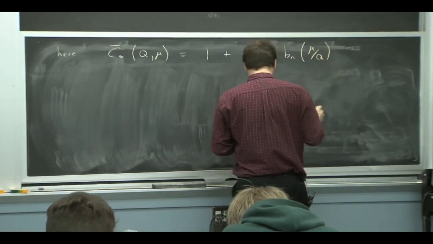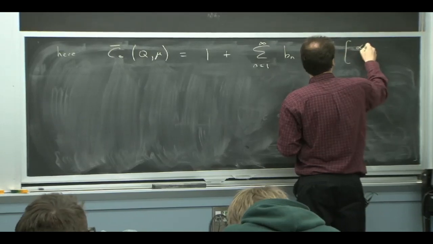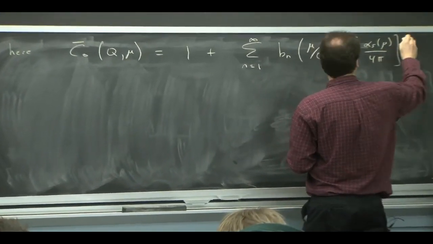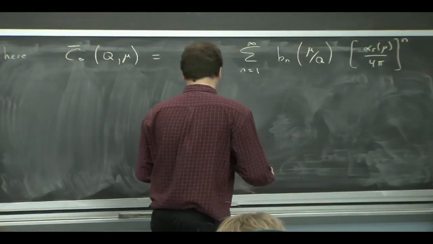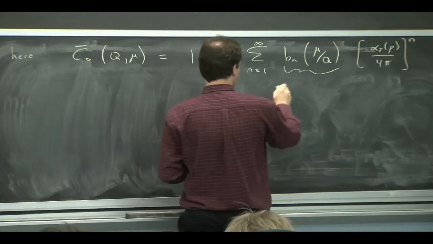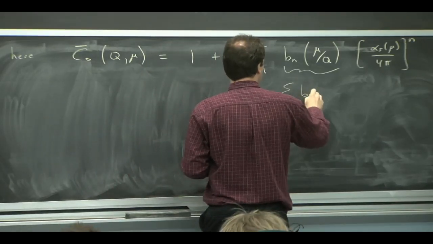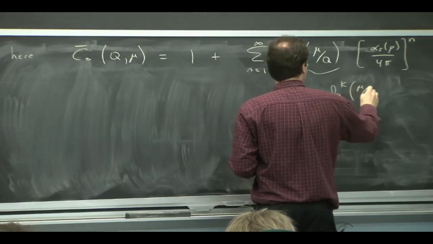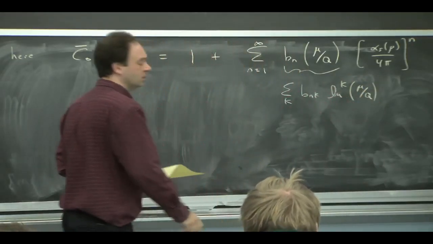It's got dependence on mu over Q, and then alpha s of mu. And these guys here are not an arbitrary function of mu over Q, but they're really just some logs. So this looks like a series of logs. So in MSbar, you're only seeing these logarithms.